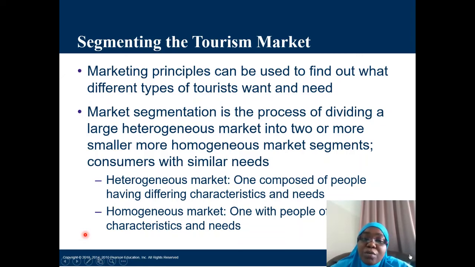A heterogeneous market is one composed of people having different characteristics and needs, while a homogeneous market is made up of those that have similar characteristics and needs. So with market segmentation, you'll be able to divide your heterogeneous market into smaller homogeneous markets so that you'll be able to provide the particular need of each homogeneous market.